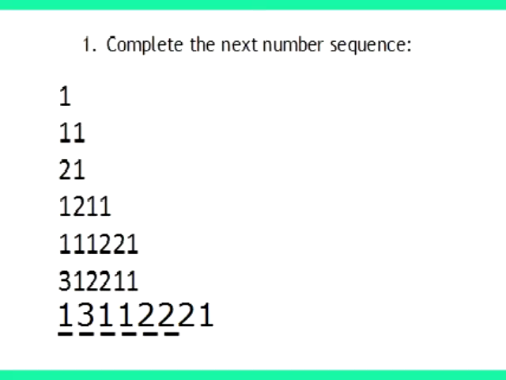The next one, I have 3 1s, 2 2s, and 1 1. What will be the next description? 1 3, 1 1, 2 2s, 2 1s. You get it? It's a little bit different than the way you were thinking, right?